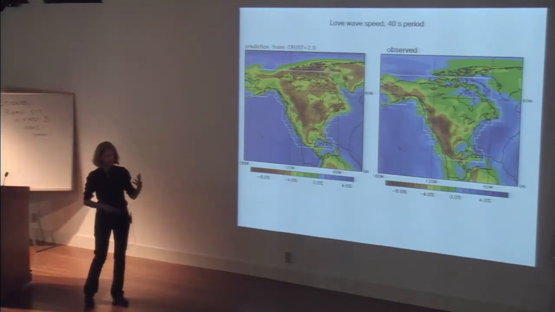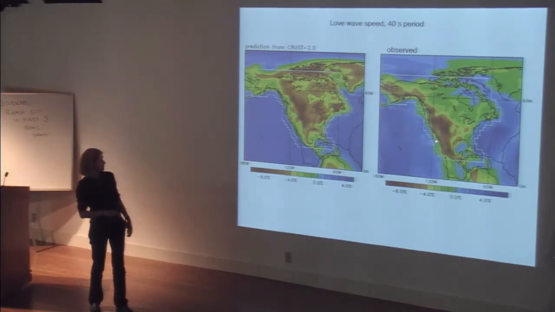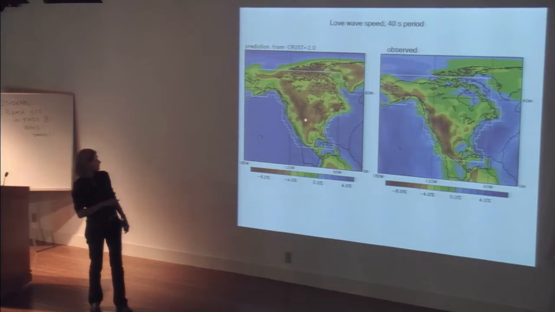This is like that comparison we made before. Here's a prediction, now for Love waves at 40 seconds, of how fast those waves should propagate if we just have the crust. And then here's the map version of what we actually observe. So you can see over here, the slow part does kind of okay.